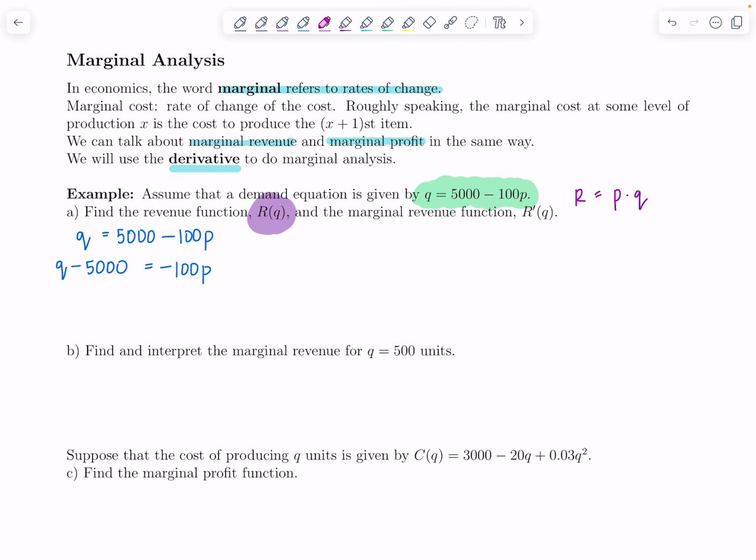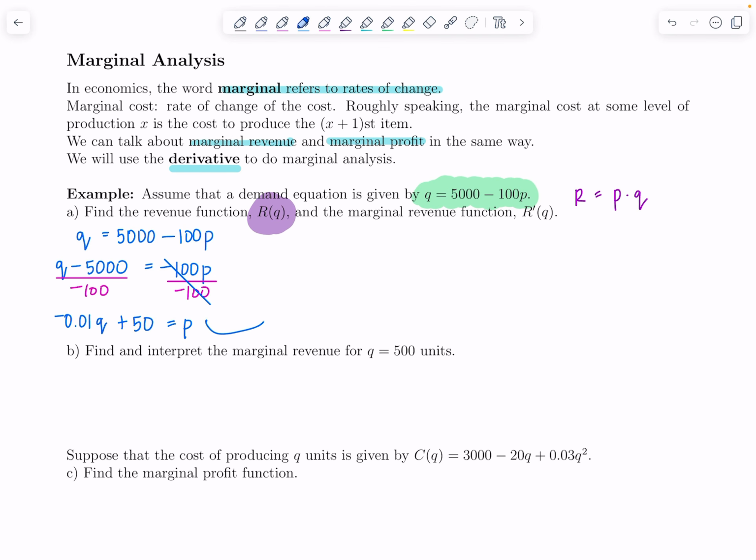And then we're almost there. Divide everybody by negative 100. So what are we going to have now? Q divided by negative 100 is negative 0.01Q, and then negative 5,000 divided by negative 100 becomes positive 50. So this is what P is equal to.